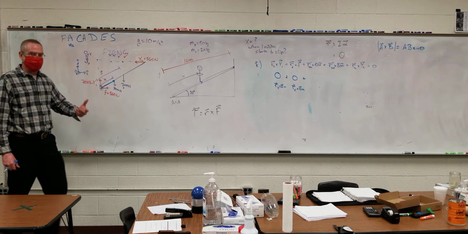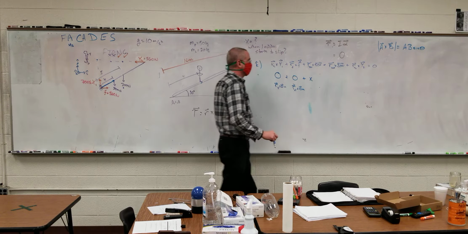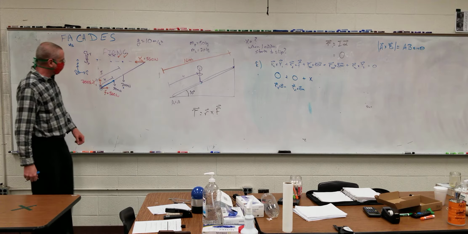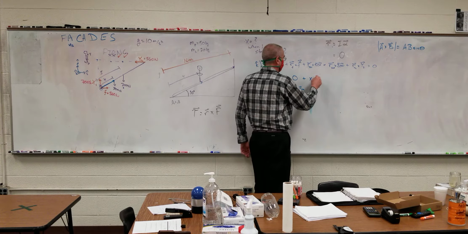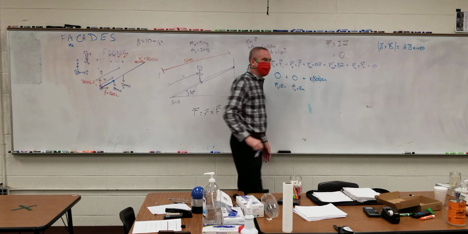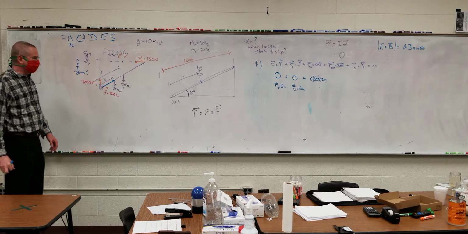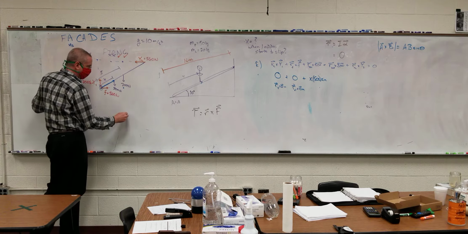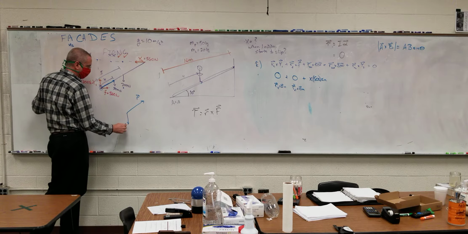Yeah, x. Times the magnitude of the force. Yep. Times the sine of the angle between them. So when I'm finding the angle, I put them tail to tail. So I've got R going in this direction, and I have 500 going down this way.